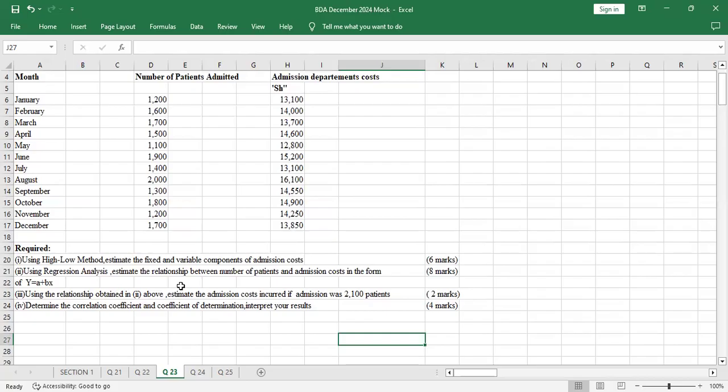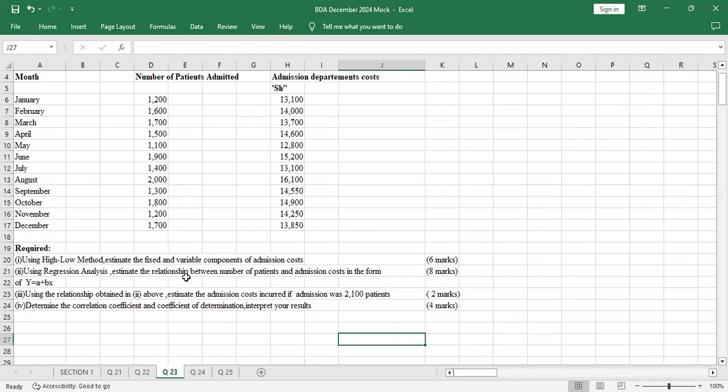Roman 2, using regression analysis, estimate the relationship between number of patients and admission costs in the form of y is equal to a plus bx. Roman 3, using the relationship obtained in 2 above, estimate the admission cost incurred if admission was 2,100 patients.